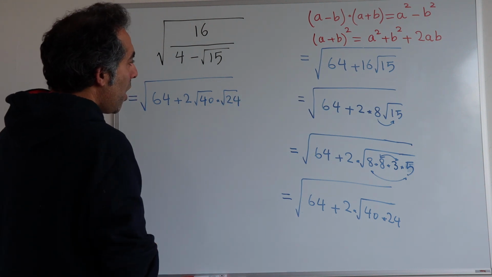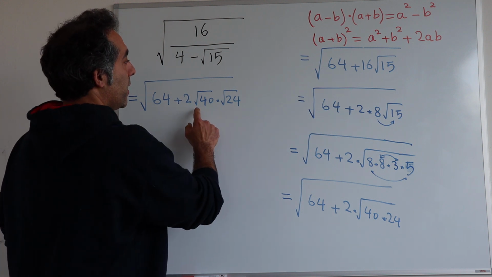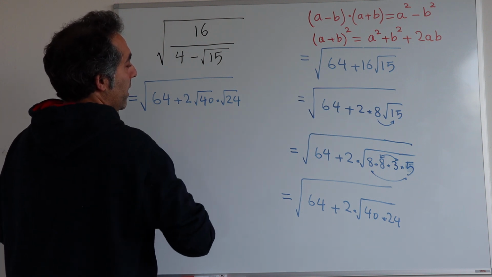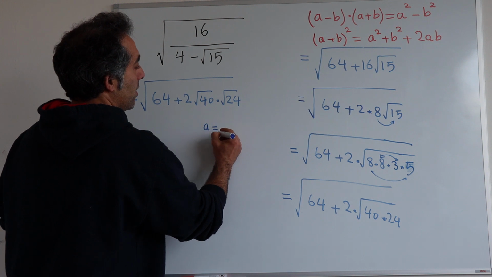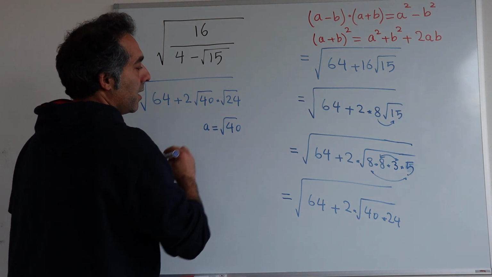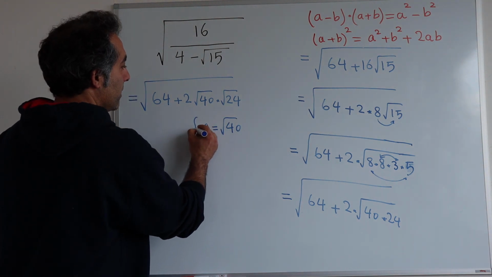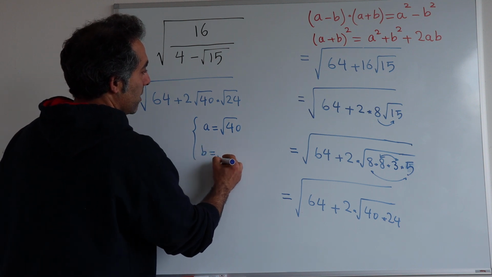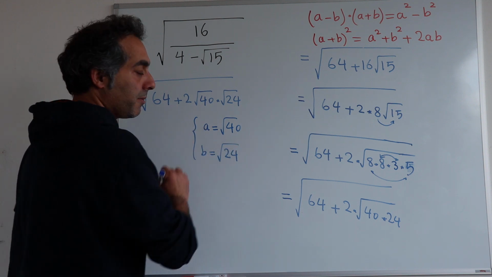Okay, now I have another pair here. I can let A be square root of 40 and B be square root of 24.